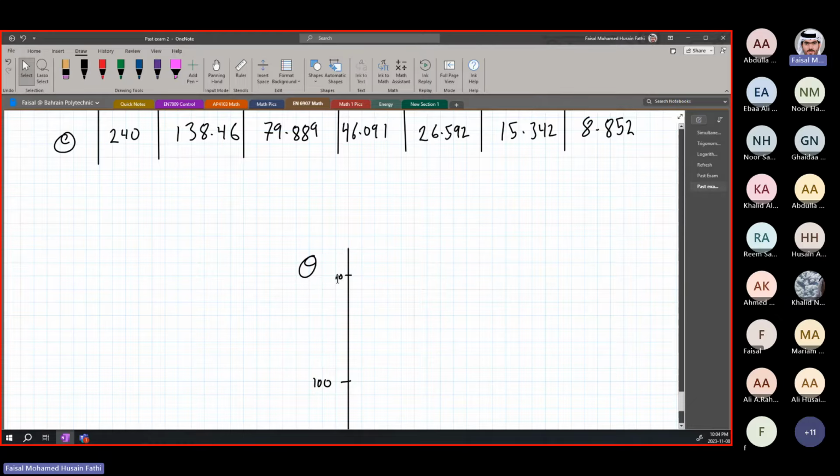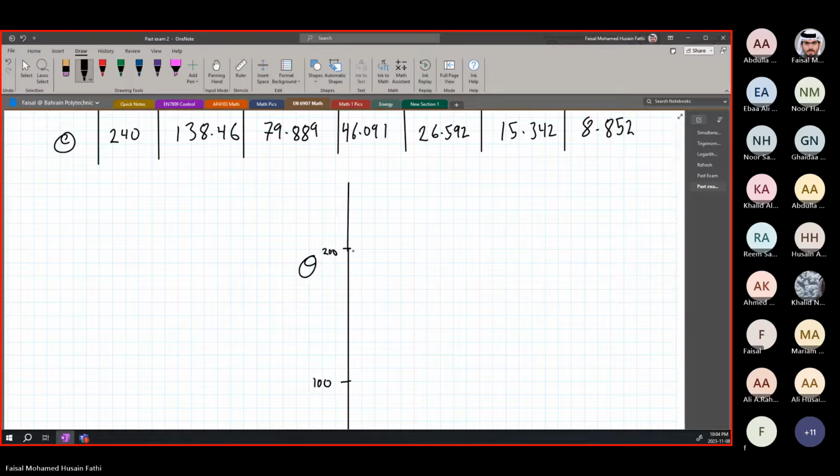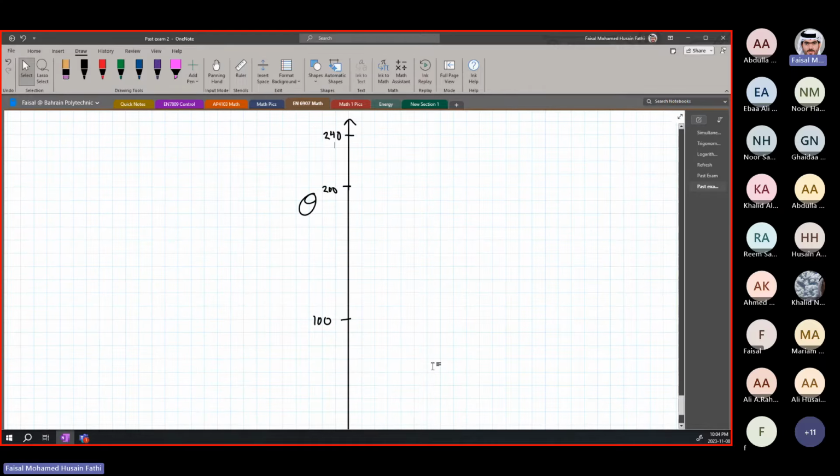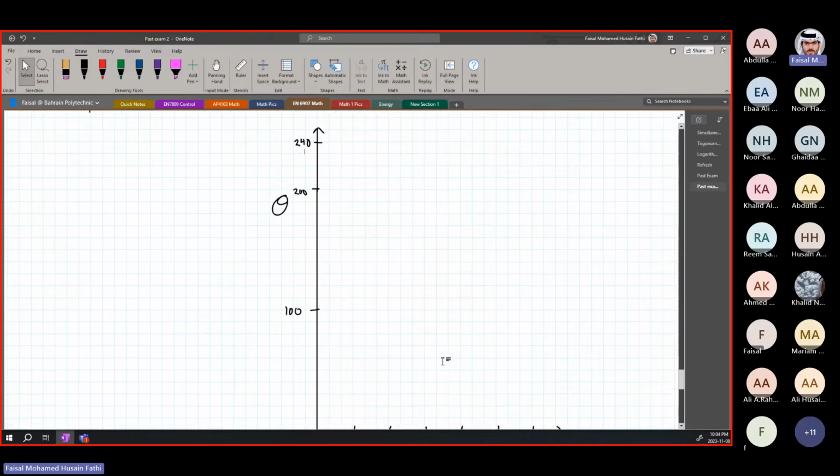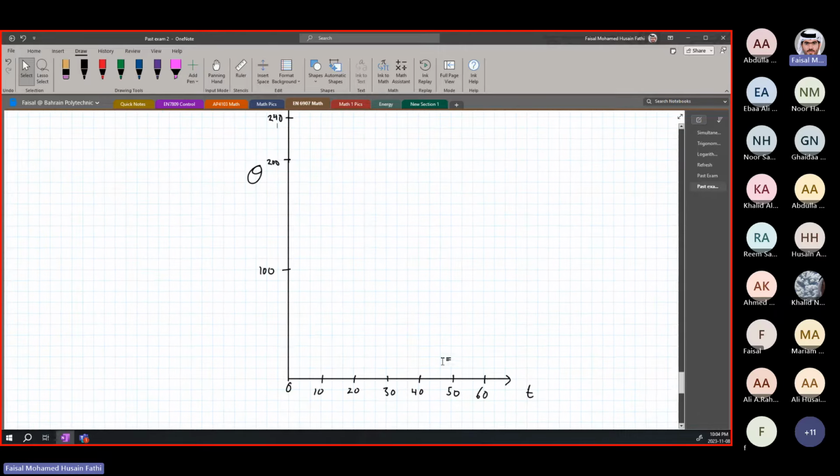I want to be a bit more accurate so you can see how it will look: 10, 20, 30, 40, 50, 60, 70, 80, 90, 200, so this is our 200 mark. And it reaches 240, so 210, 220, 230, 240, so it's up till here, and this is our 240 mark. Each block is basically 10. I will zoom out just a little bit so the whole thing can show.